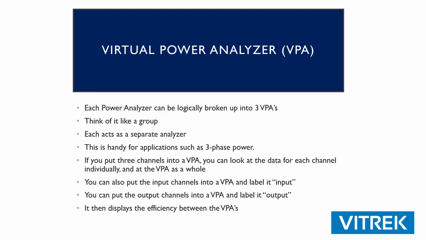So one common use is, if you're doing 3-phase power, you can put 3 channels into one VPA, and now you can look at each channel individually, channel 1, 2, or 3, or you can look at the aggregate for the 3-phase power by just looking at the VPA stats. One of the applications is you can use one VPA and label it input and one VPA and label it output, and then we can measure the efficiency between the input and output. In fact, we can do that between 3 different points, so a little bit better than that.